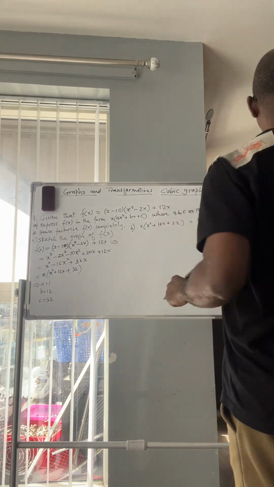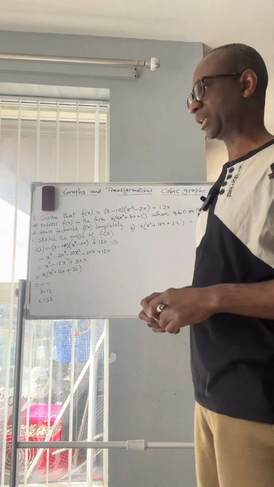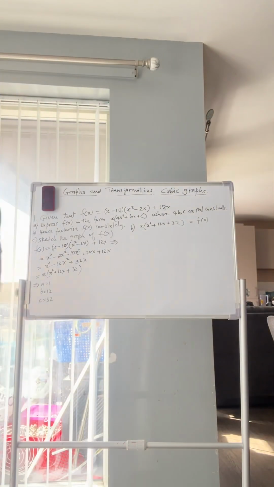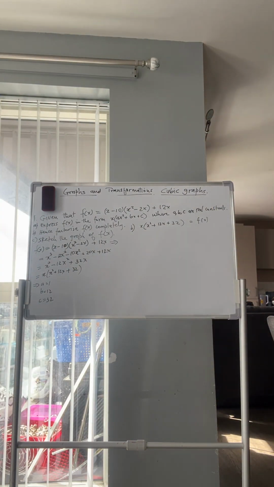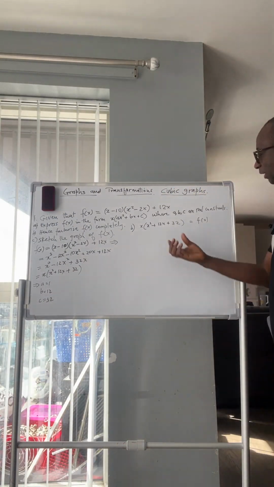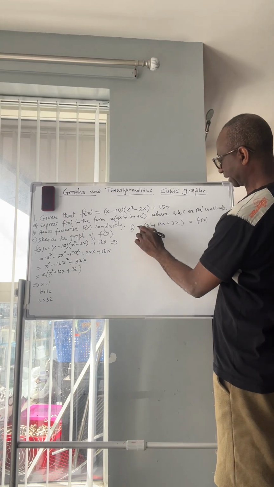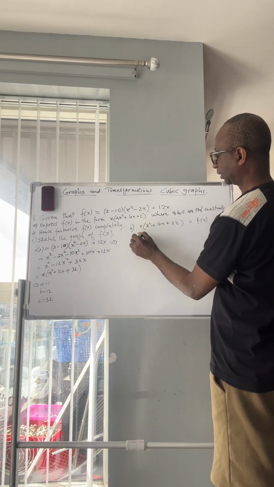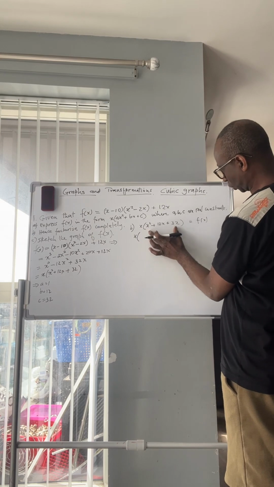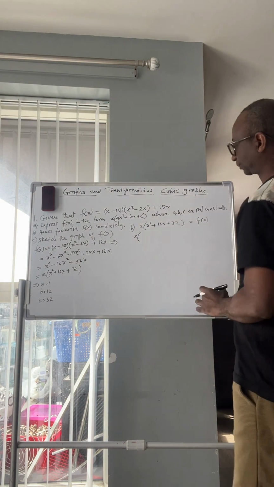This is a quadratic equation, and you already know how to factorize quadratic equations. You solved a lot of problems on quadratic equations. When you have a quadratic equation like this, there is an x here, so leave it as it is. Just concentrate on this one here to factorize.